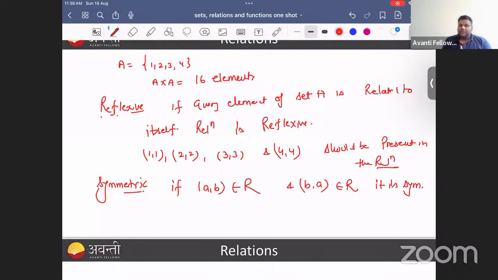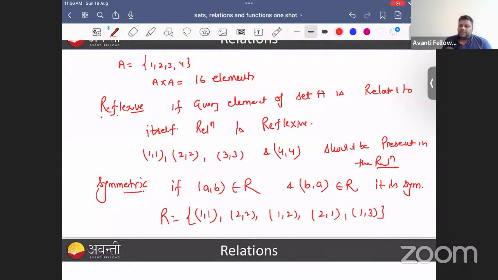Got it? If (a, b) is there in the relation as well as (b, a) is there in the relation, we call this relation symmetric. Like if I write a relation R, that is (1,1), (2,2), (1,2), (2,1), (1,3). I have written this relation over the given set A.